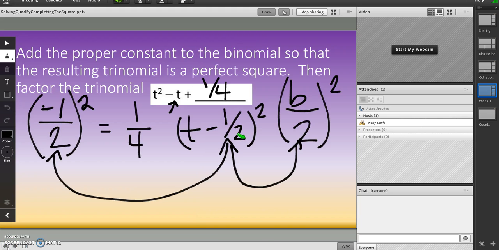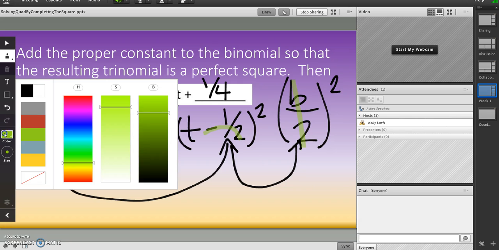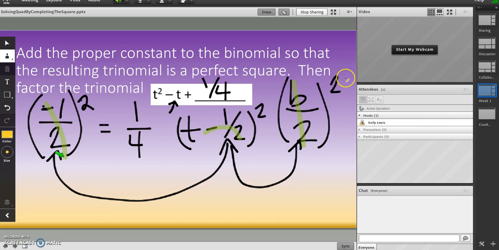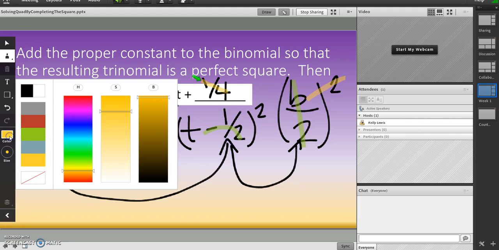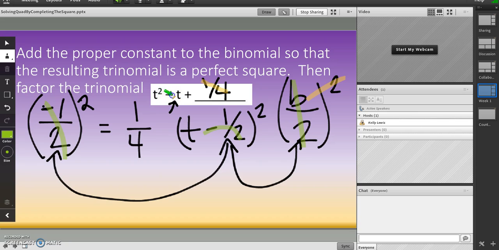I want us to look at a couple other patterns in this, okay? Notice this b/2 goes right here. Notice the b/2 squared goes there. Notice this sign, this negative, is the same right here.